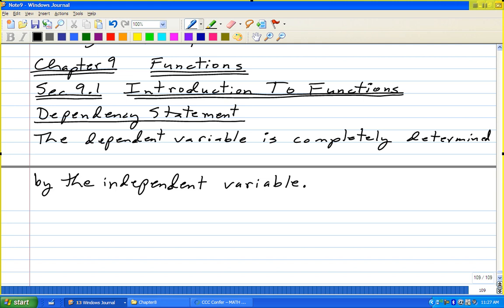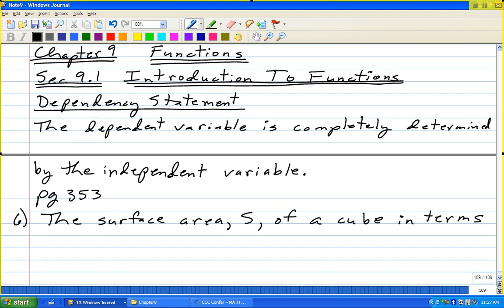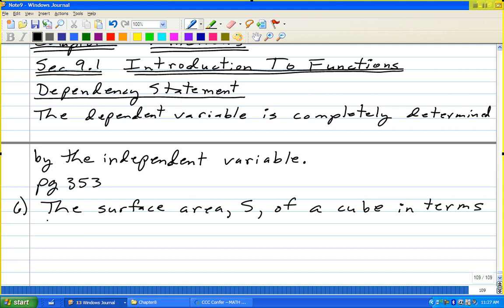And so let me do, on page 353, problem number 6: the surface area S of a cube in terms of the lengths of each of its edges, which we'll call x.